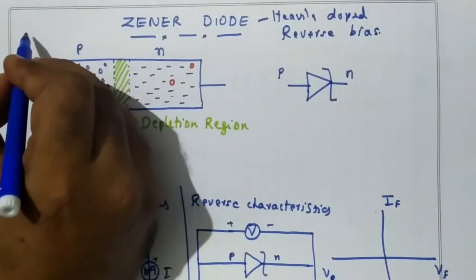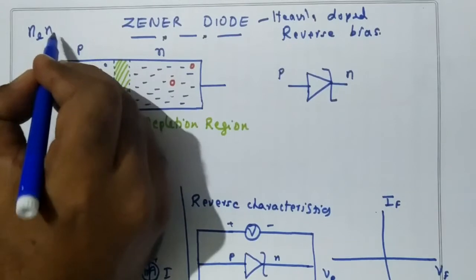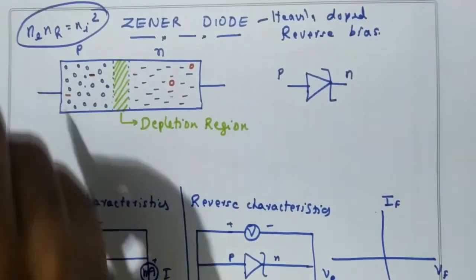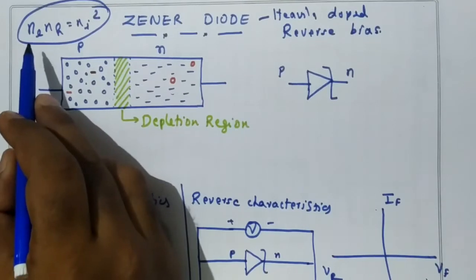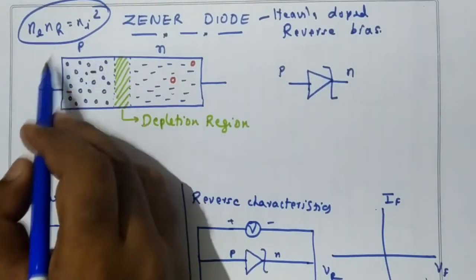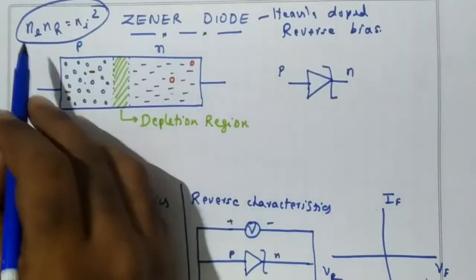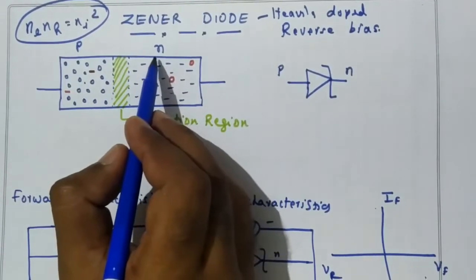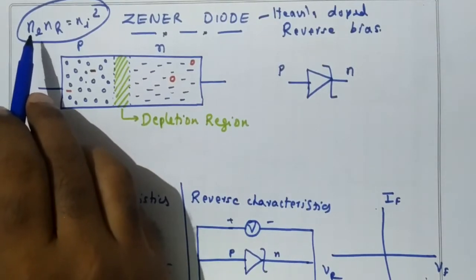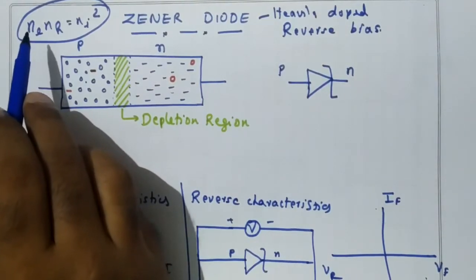Why? Because you have the equation Ne × Nh = Ni², where Ne is the number of electrons, Nh is the number of holes, and Ni is the intrinsic carrier concentration. Let us say you take an N-type semiconductor. Ne is known, that is almost equal to the donor impurity.